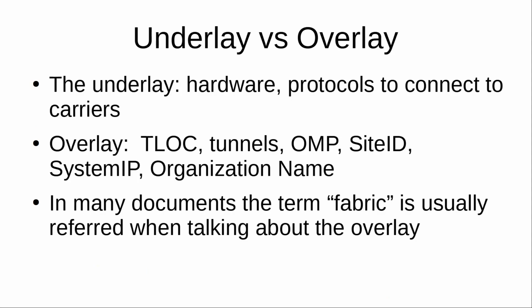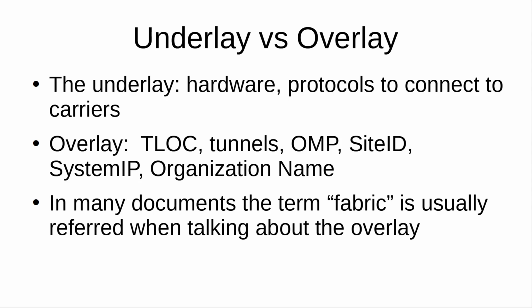Remember that the underlay is all the network equipment and network connections and network protocols that you need in order to get all your wide area network together, and the overlay is what happens above that, the tunnels that get created above that basic connectivity, the IPsec tunnels, the GRE tunnels, and all the settings that you will need to establish in order to make that work, such as the system IP, the site ID, and the color attributes, the TLOC, the organization names.